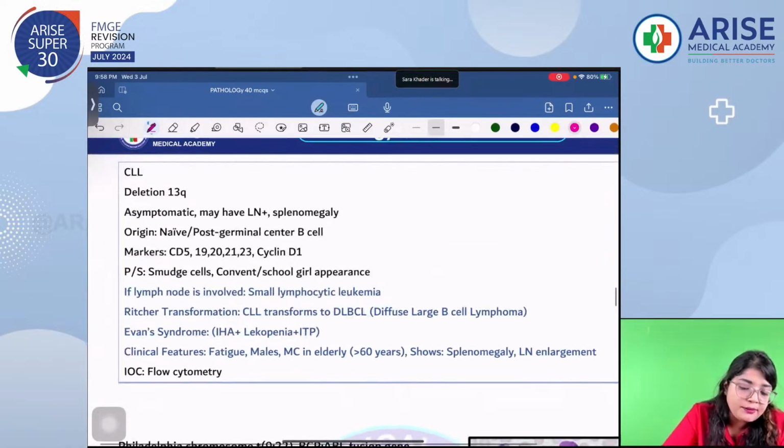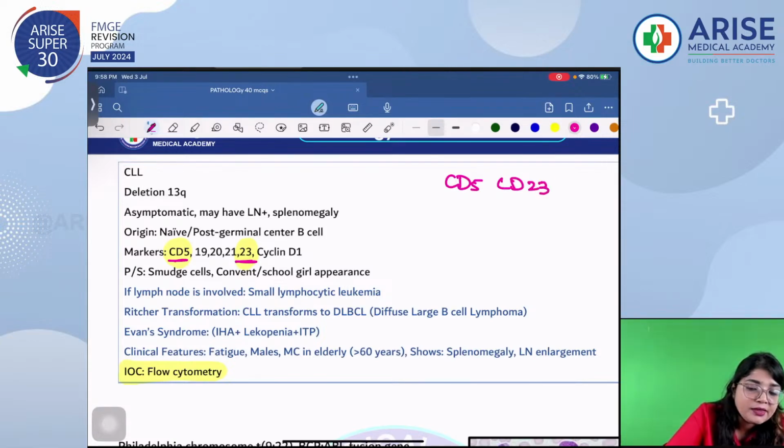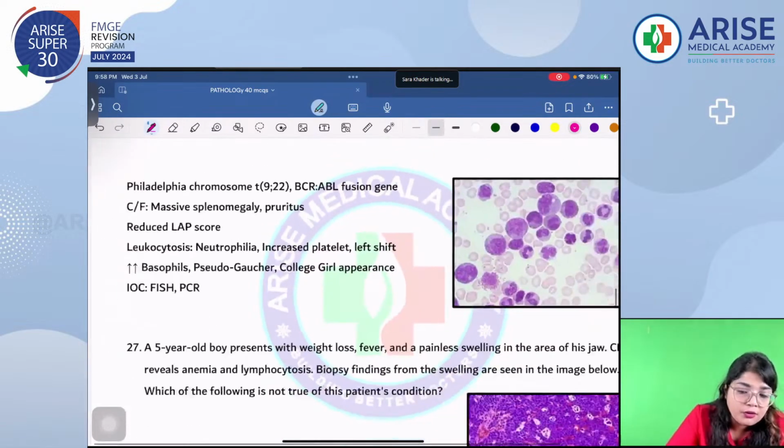So remember, the investigation of choice is flow cytometry, and the most important markers to remember are CD5 and CD23. They will be positive for sure. CD5 positive but CD23 negative is seen in mantle cell lymphoma.